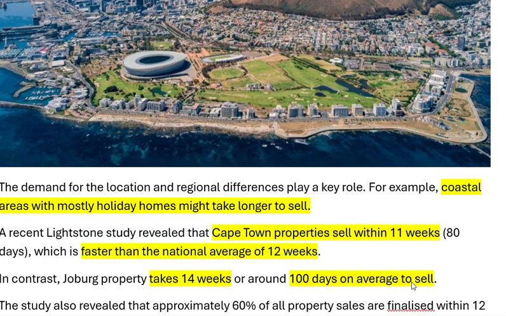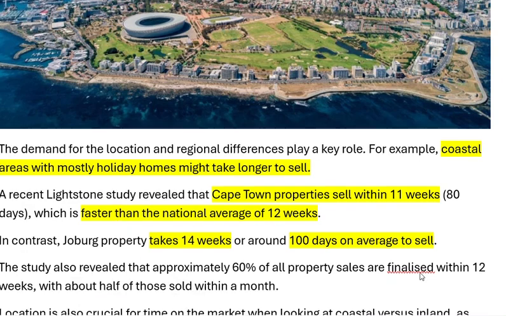Now we're looking at where it is best to have a house that you might wish to sell in future. Cape Town is the best place to have a house that you might wish to sell in future as opposed to Johannesburg. That is the comparison of the two big cities in South Africa.